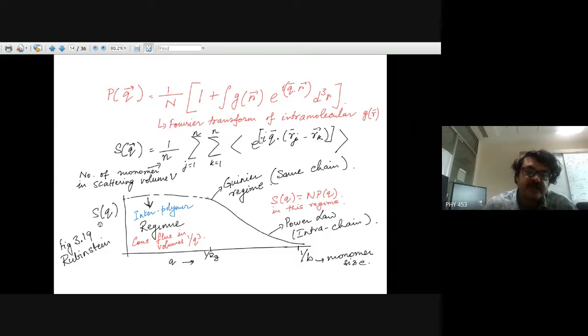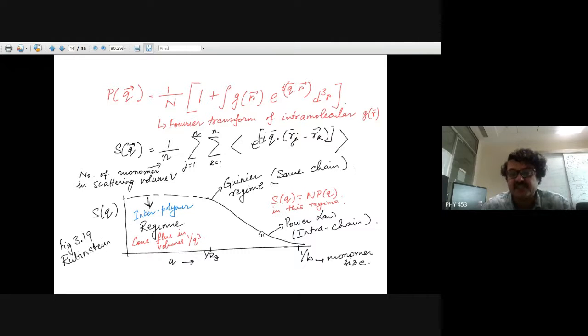Then you can plot S of q versus q, where at very small q, which means large length scales, you are essentially looking at the g of r corresponding to how one chain is arranged with respect to another chain. But at larger Q, or smaller length scales, you are looking at intra-chain correlations. Here it will be some power law. It could be ideal or it could be a real chain.